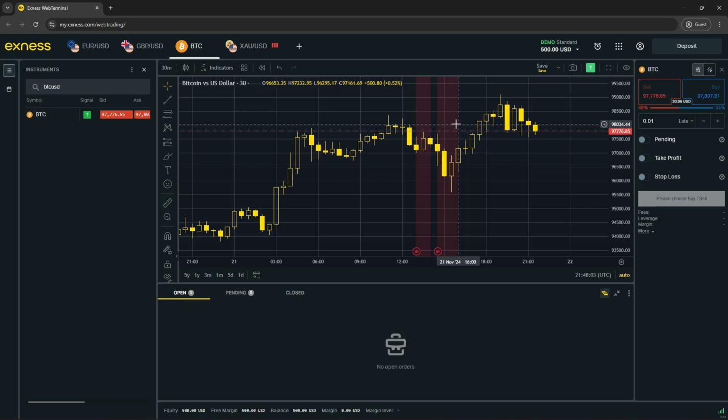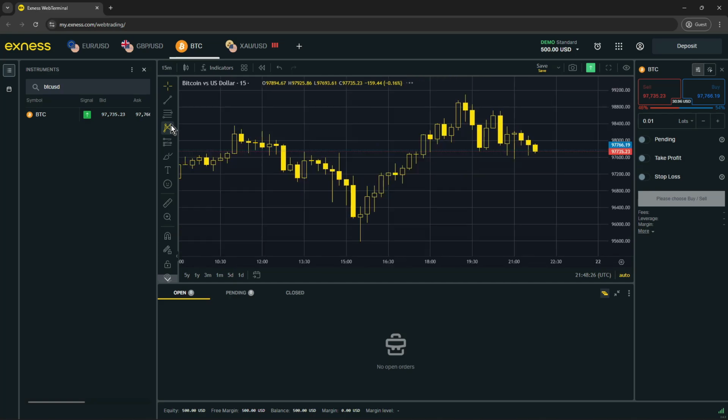Sometimes that might be an indication, although that's not what we'll cover here, that there will be a market reversal. When the market is moving parallel like this, it's most likely that there'll be a reversal.